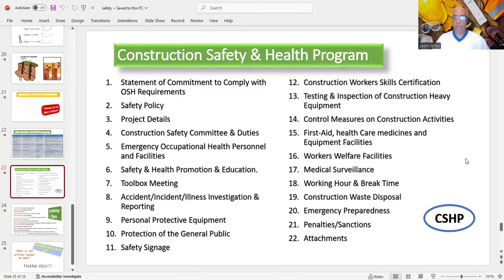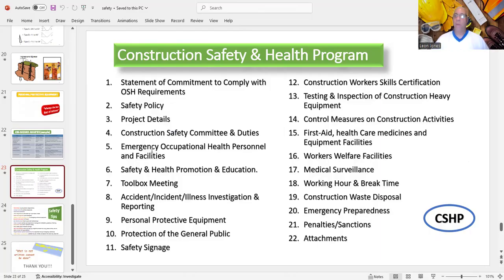And every construction site should have first aid, healthcare medicines. You have some burns, scrapes, or cuts, and equipment facilities. You have workers' welfare facilities, medical surveillance, working hour and break time, construction waste disposal, emergency preparedness, penalties, and sanctions.